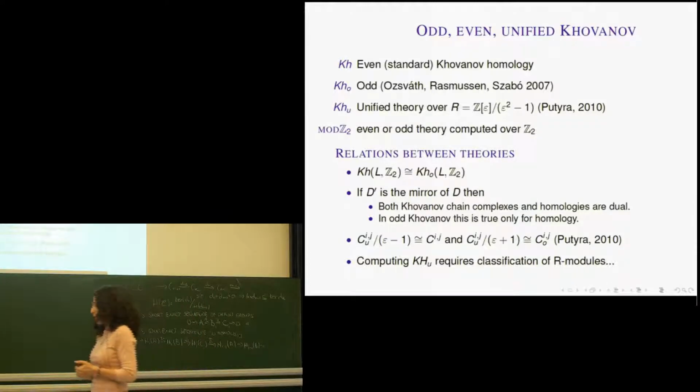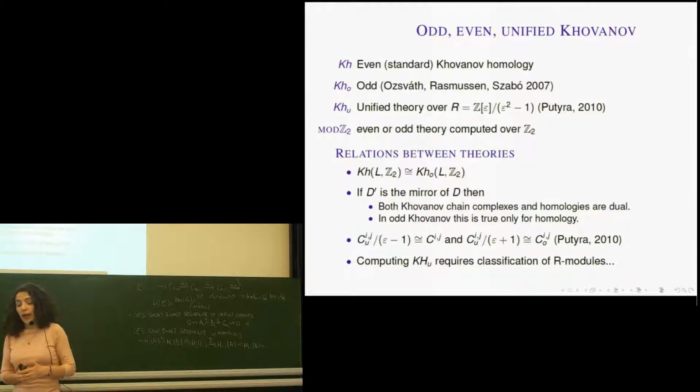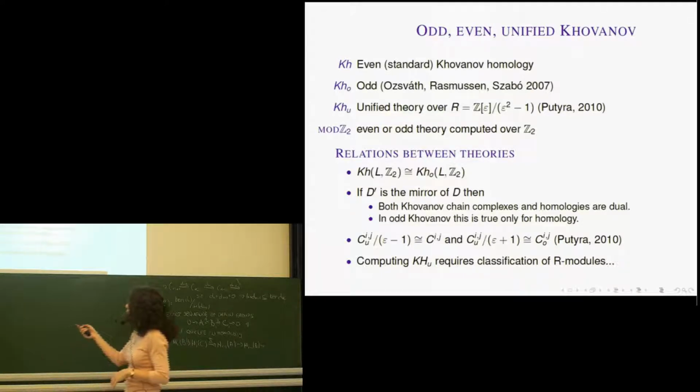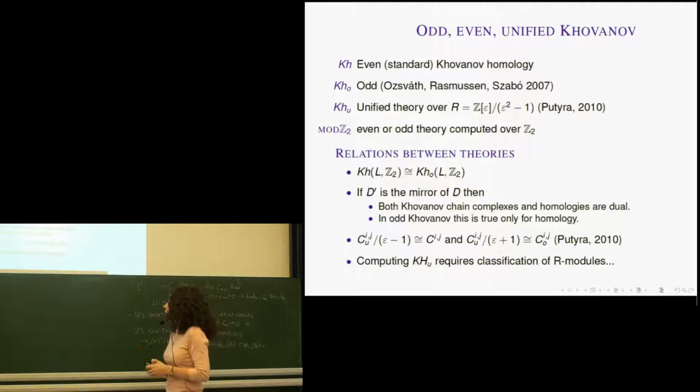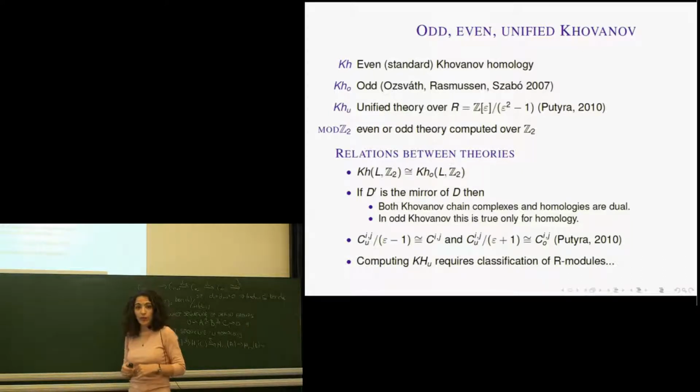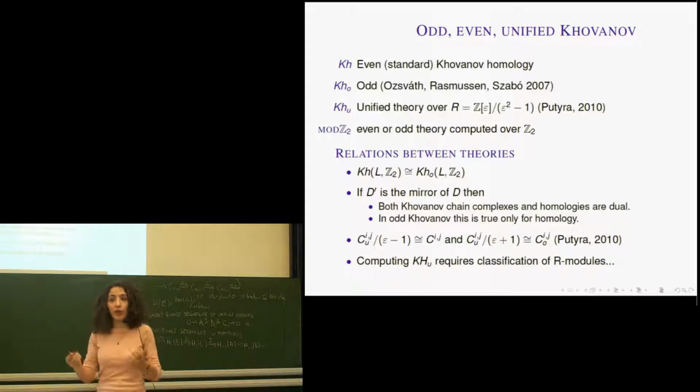There are many different versions of Khovanov homology, and there are actually many different constructions of Khovanov homology that are either equivalent or conjecturally equivalent. But I'm going to talk about those versions on Friday. So now I just want to introduce you to the existence of certain kinds of Khovanov homology. Once the odd Khovanov homology was invented by Ozsváth, Rasmussen and Szabó in 2007, people started calling the Khovanov homology even Khovanov homology.